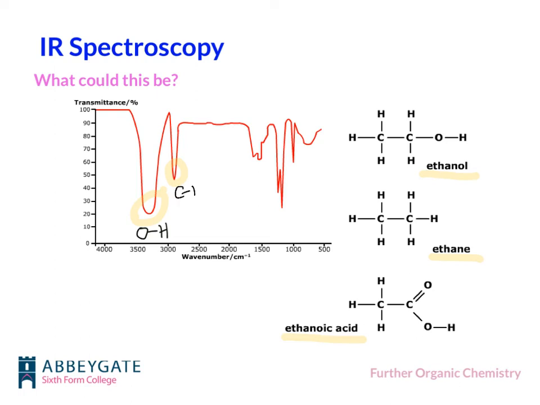This is a CH stretch, and noticeably we haven't really got anything around 1,700, so we can say that it's got an OH, it's got CHs, so it must be ethanol.